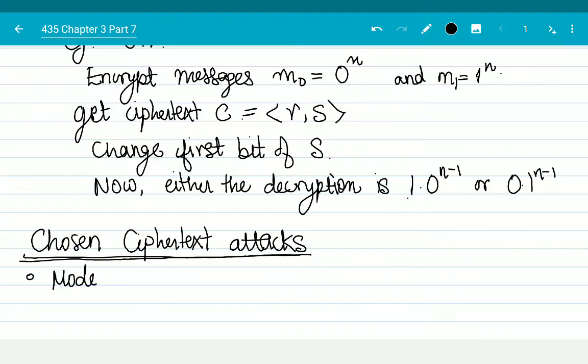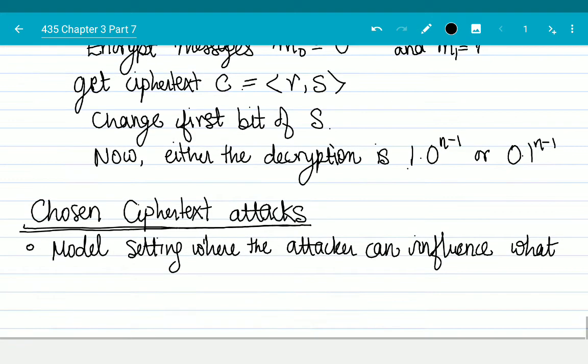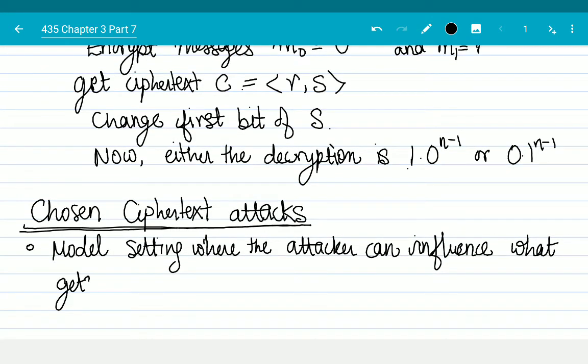Model setting where the attacker can influence what gets decrypted and observe the effects.